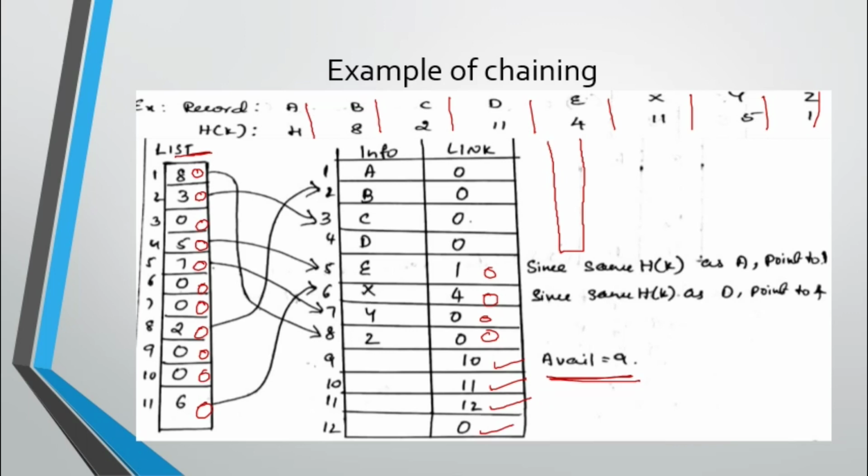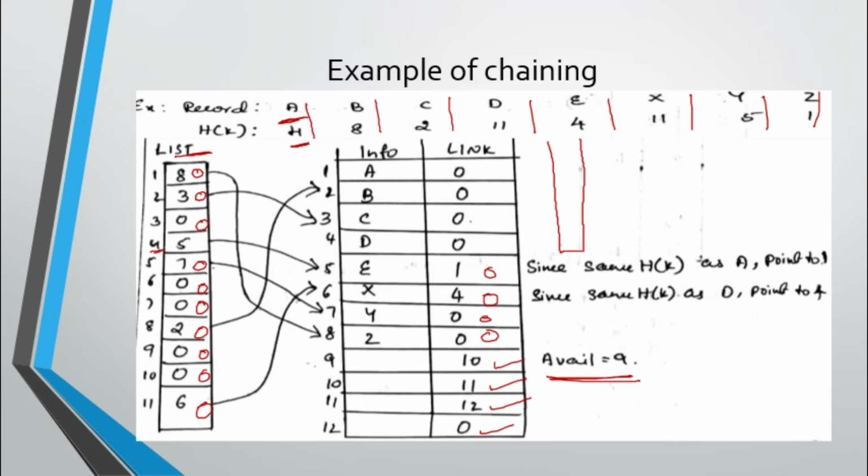So chaining works like this. Initially A comes with 4. I have to come to the fourth location in the list. This 0 I need to remove, and I need to put A's location there.